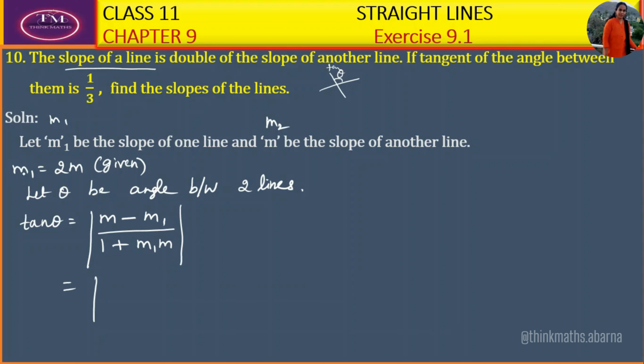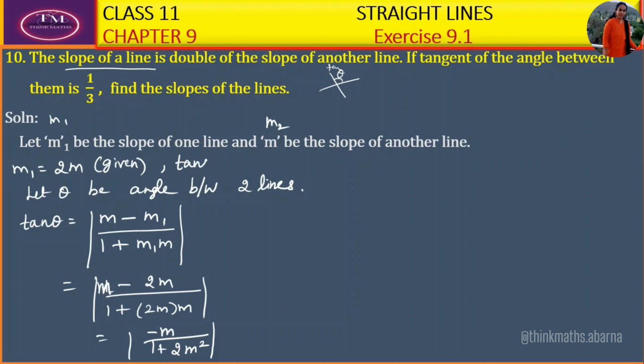So what is here? m1 is 2m. So m minus, instead of m1 you can write 2m, divided by 1 plus, instead of m1 you can write 2m into m. So m minus 2m is minus m divided by 1 plus 2m square. Okay. They gave the tangent of the angle between them as 1 by 3.